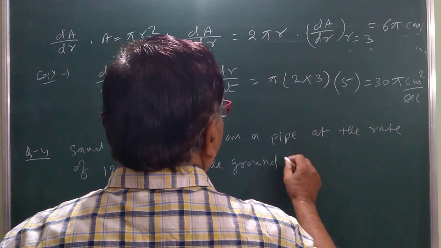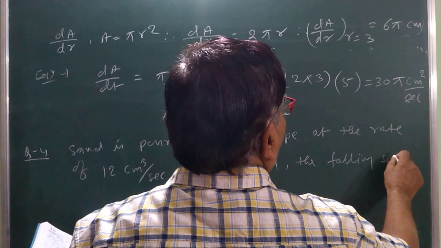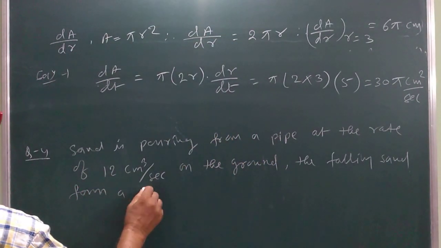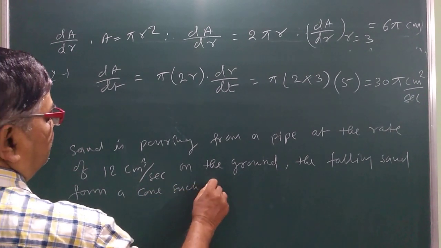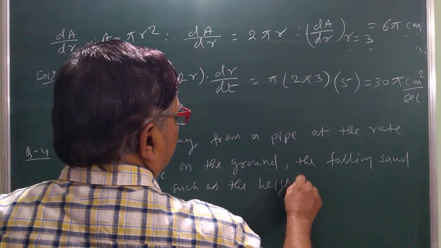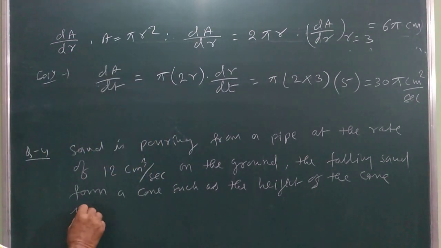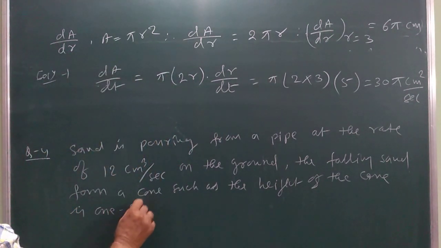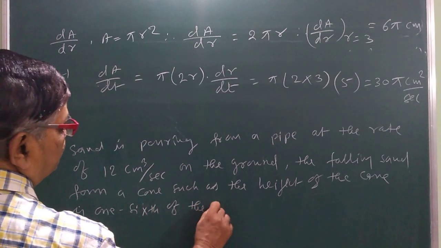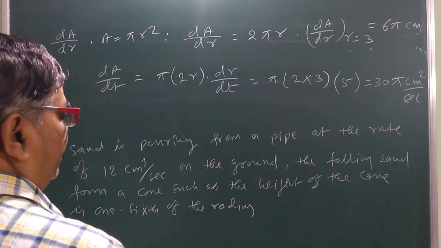The falling sand forms a cone such that the height of the cone is 1/6 of the radius of the base.